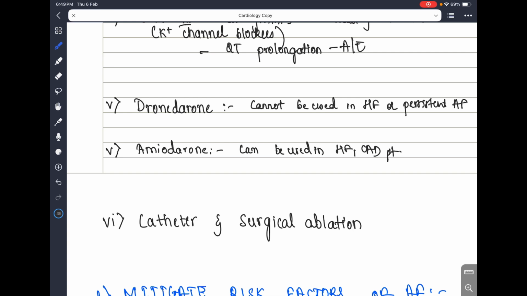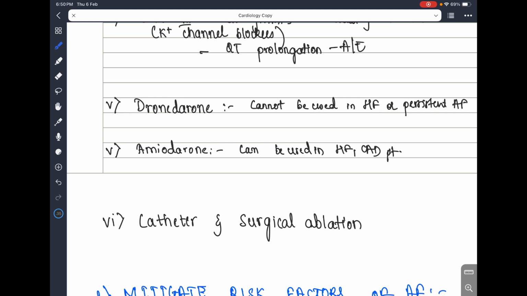There are multiple adverse effects of amiodarone. I'll be telling it separately. For example, it can have pigmentation, corneal microdeposits, idiopathic pulmonary fibrosis, hypo or hyperthyroidism. Because of the adverse effects, the long-term use of amiodarone is very, very difficult.